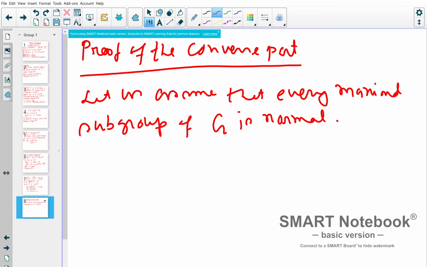But to prove G is nilpotent, there are several criteria. So we'll prove that every Sylow subgroup is a normal subgroup, and then we are done. Remember, that was one of the criteria to prove G is a nilpotent group.